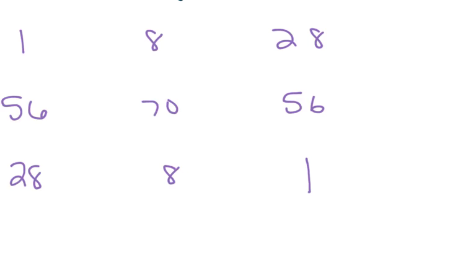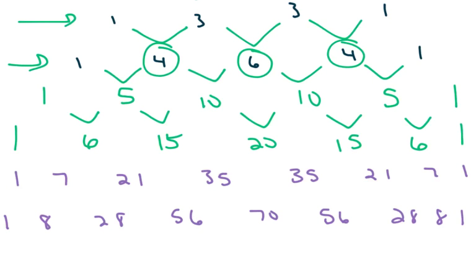The other thing I want you to notice is that in row 8, there are 9 terms. In row 7, there are 8 terms. In row 6, there are 7 terms. There's always one more term than the row.